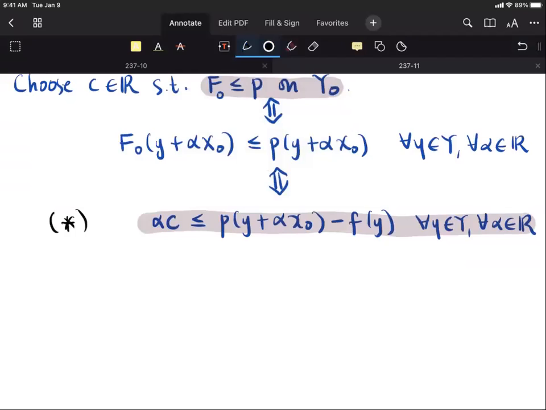So let us consider cases for alpha. When alpha is 0, any c will do the job.